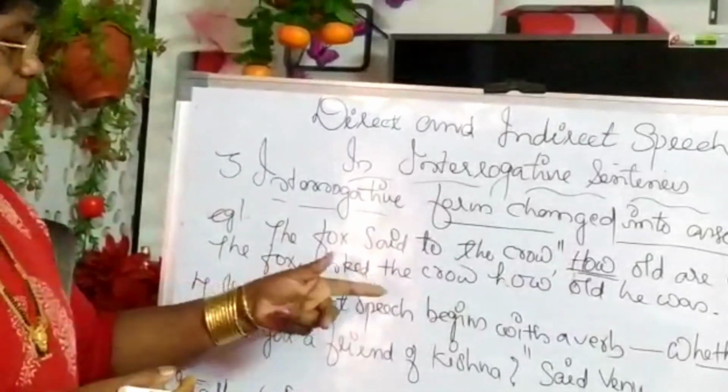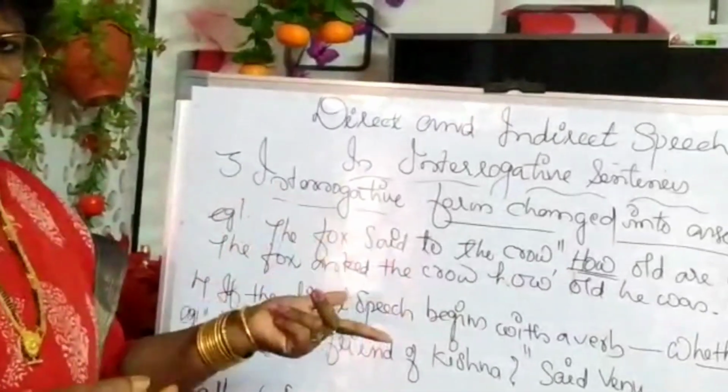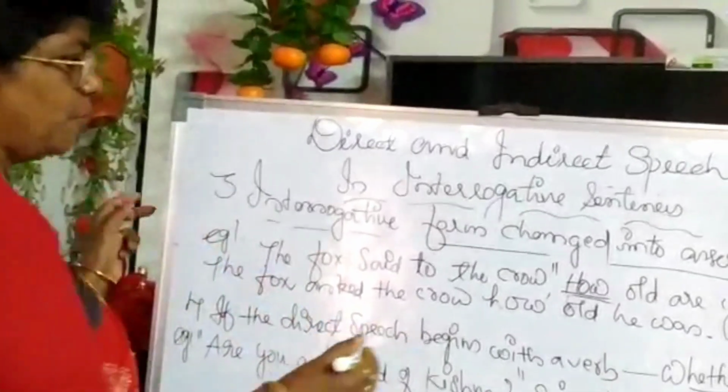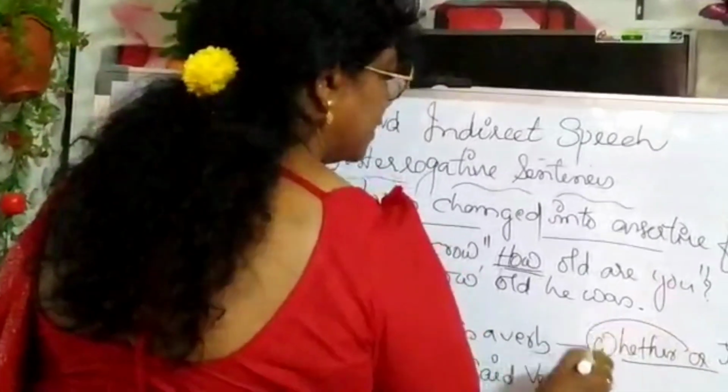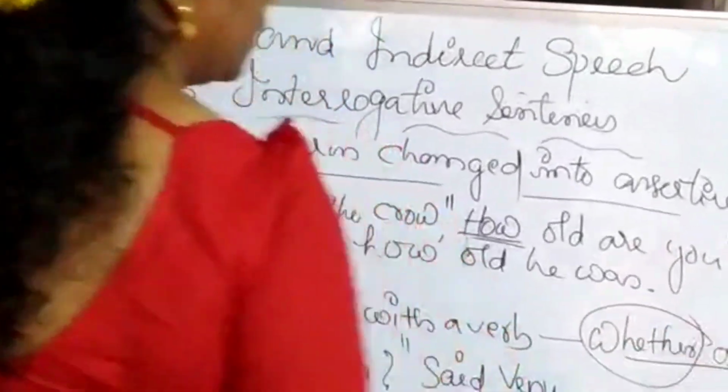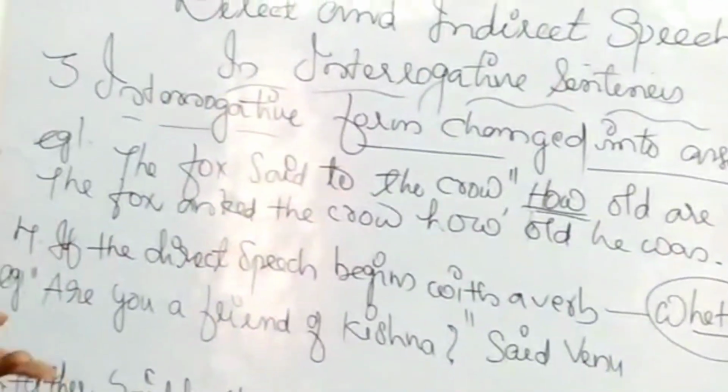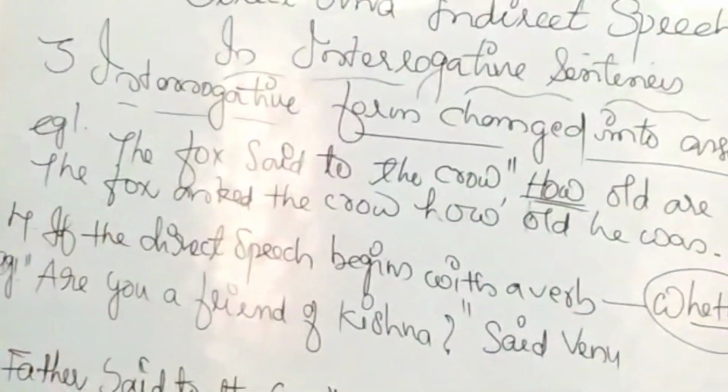But if the direct speech begins with a verb, then what do we have to use? You have to use either whether or if. These two words you have to use according to the circumstances.